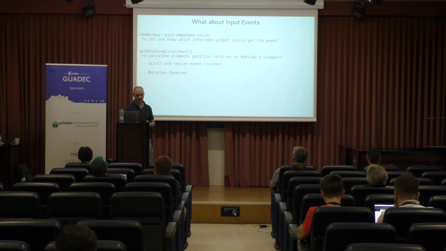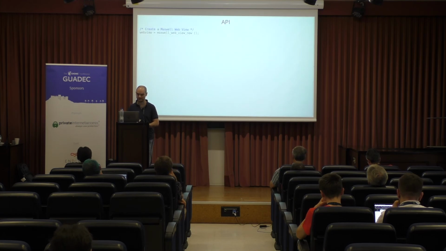But hopefully there are some new specs that will eventually be implemented, so there will be a way to actually listen to position and size changes of every element using some new mutation observer. But that's still a draft and it's not implemented yet in WebKit. But hopefully we'll get a better way to do that.